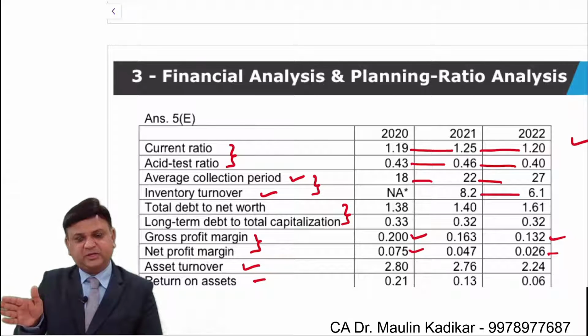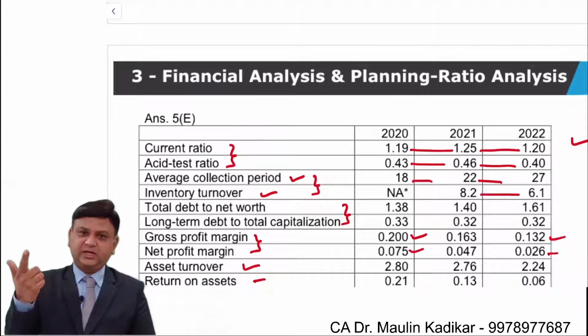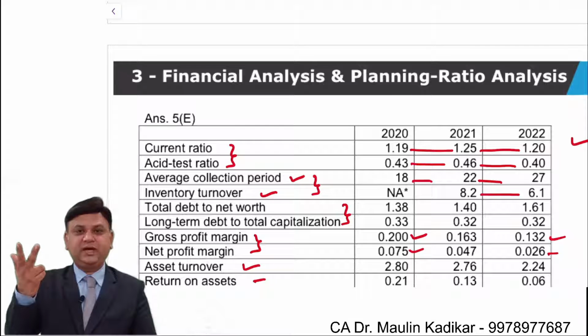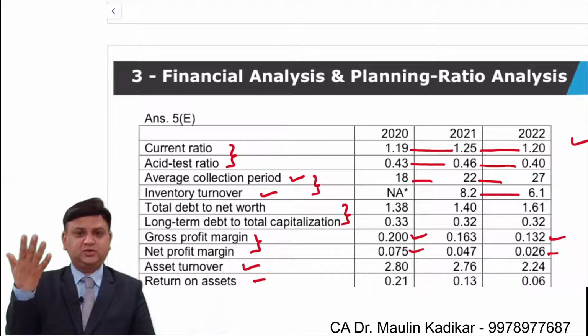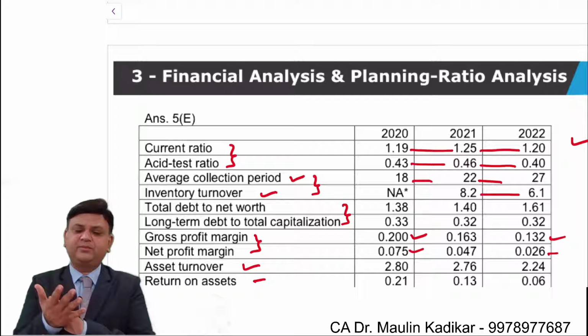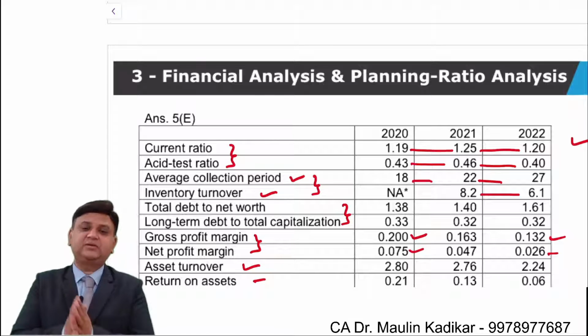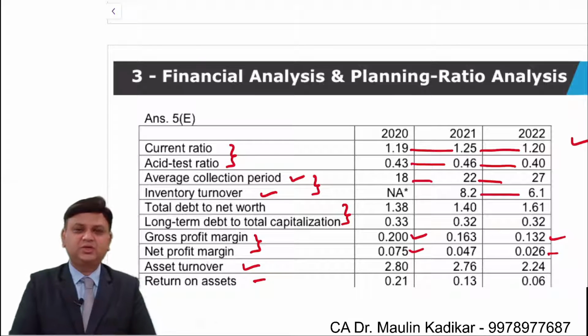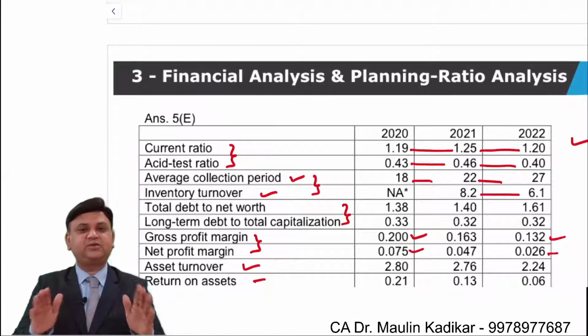From the liquidity perspective there are 5 ratios: current ratio, liquidity ratio, absolute cash ratio, cash position to total assets ratio, defense ratio. From these 5 you can compute any 2. We have seen capital structure ratios, activity ratios, profitability ratios. So you can compute a few representative ratios and pass comment.